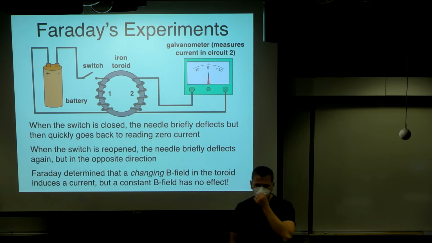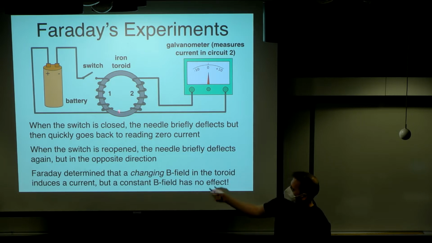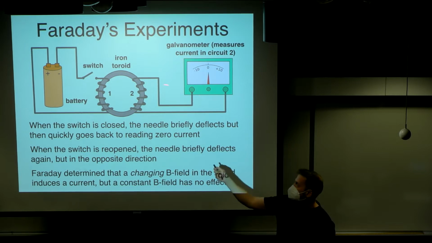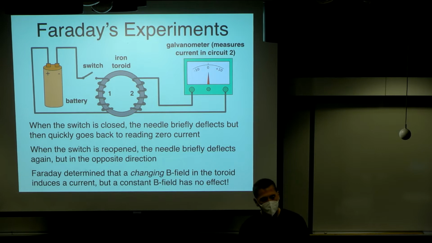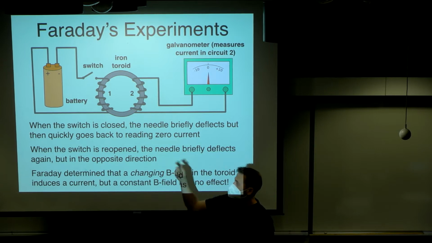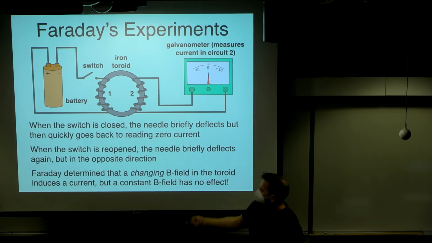So there's a changing magnetic field. When there's that changing magnetic field, that's when we saw this deflection over here, right? That's when we saw current being created over here. And then same thing when you open the switch again, right? You start with a steady current, and then that current pretty quickly goes to zero. So you have a changing magnetic field for that short time.